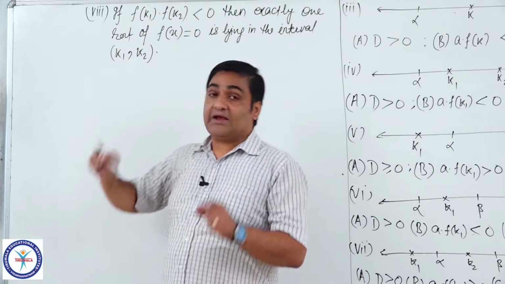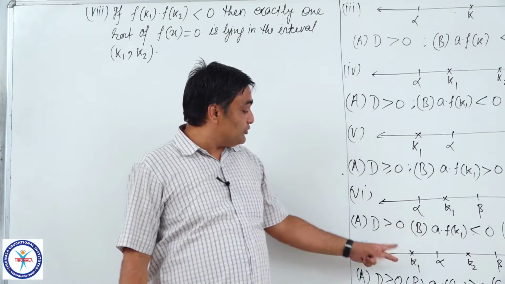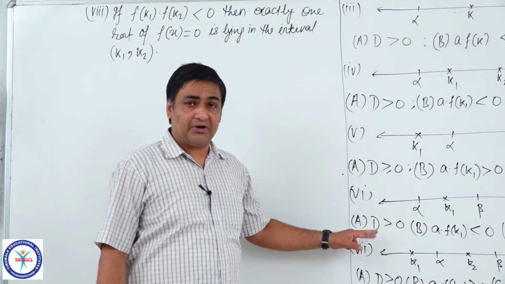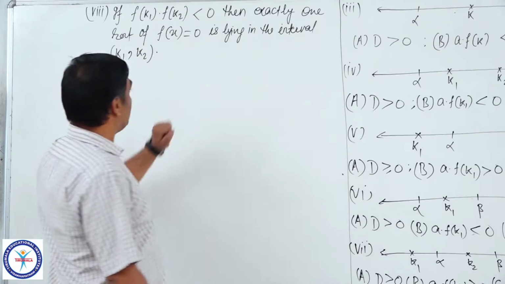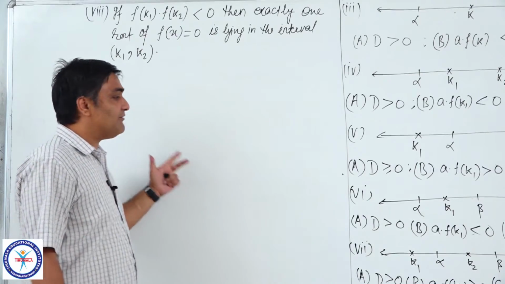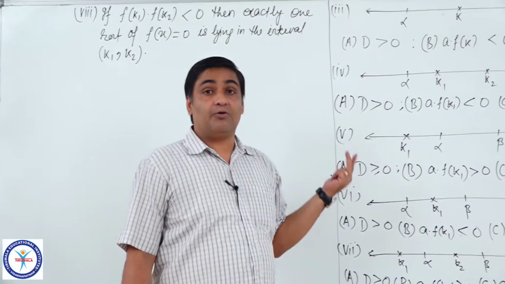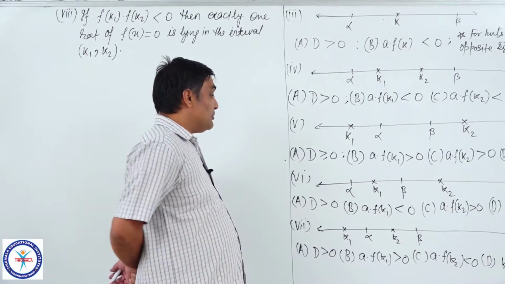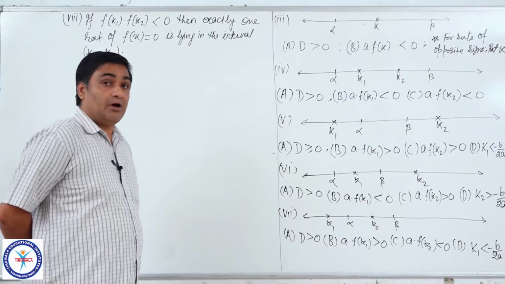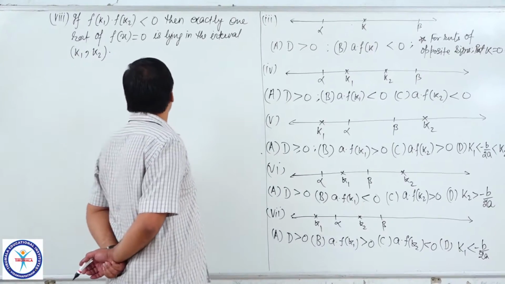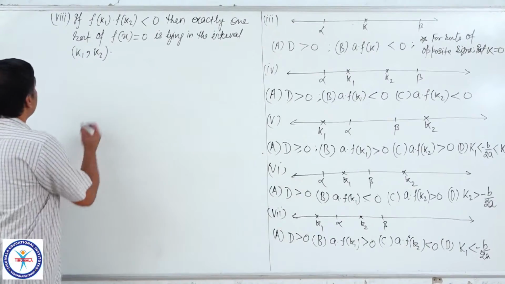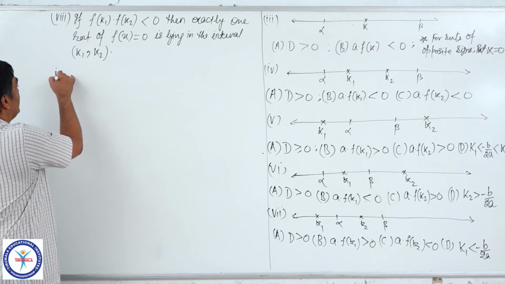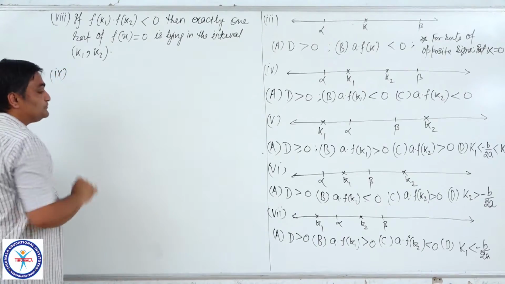See, the wording is exactly one root, which means these two cases can happen, and this is just a sufficient condition. If f of k1 and f of k2 are of opposite sign, then exactly one root is between k1 and k2.